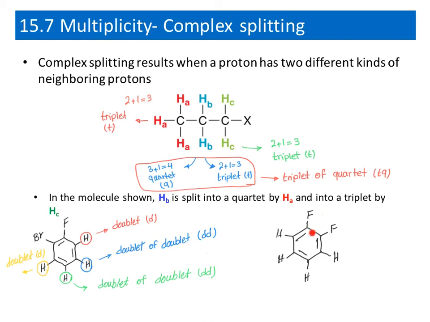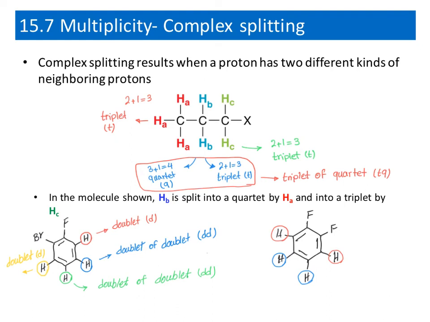There is a plane of symmetry right here. Therefore, this hydrogen should have the same chemical environment as this one. So they are going to show one signal. And this hydrogen should have the same chemical environment as this one. So they will show another signal. So overall, we are going to see two signals for this compound.